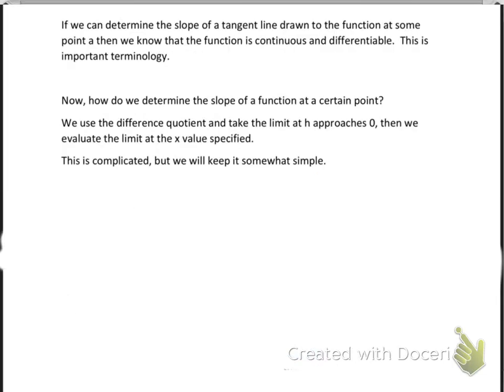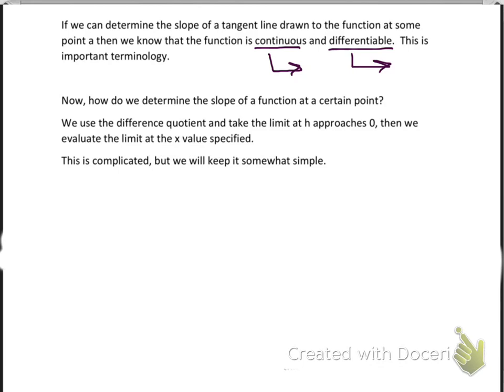Okay, so if we can determine the slope of a tangent line drawn to the function at some point A, then we know that that function is continuous and differentiable. Continuous is a requirement for being differentiable, but it's not the be-all and end-all.